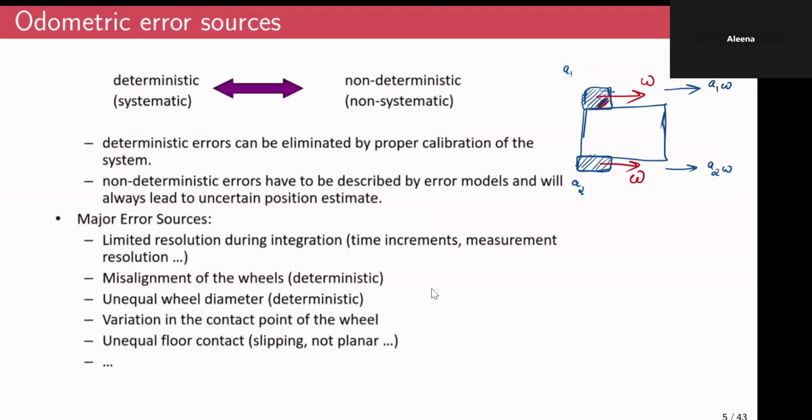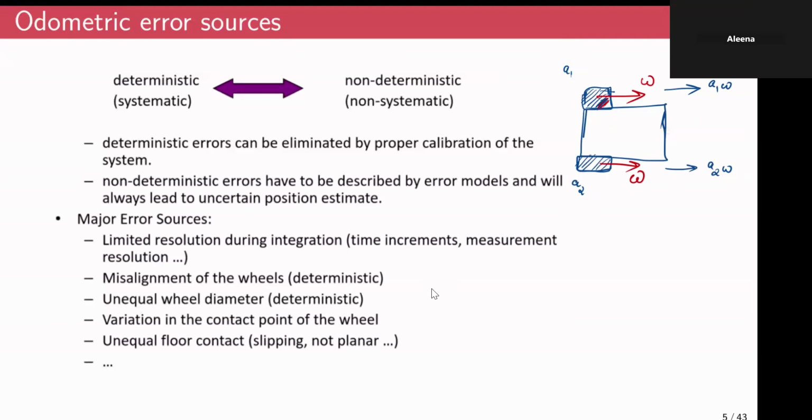So what we can do is measure the difference in the radius to very high accuracy using micrometers, vernier calipers, screw gauges, all these sorts of things. If we can exactly measure these radii, we can then plan the input accordingly so that the robot would move in a straight line.